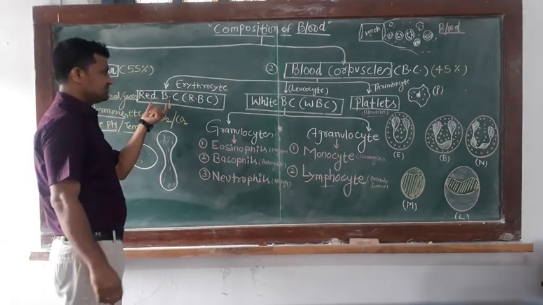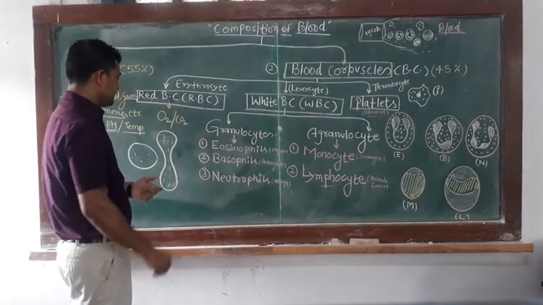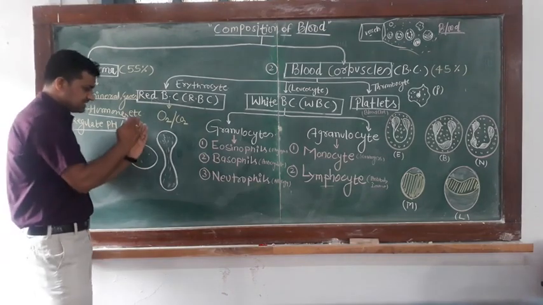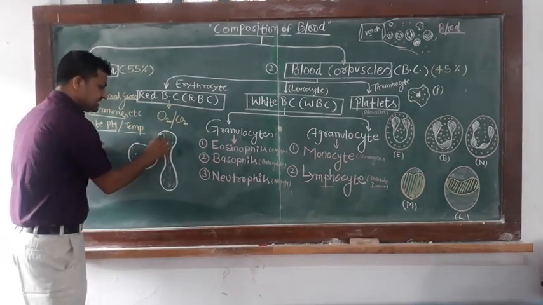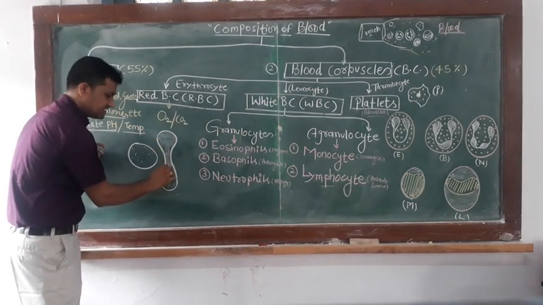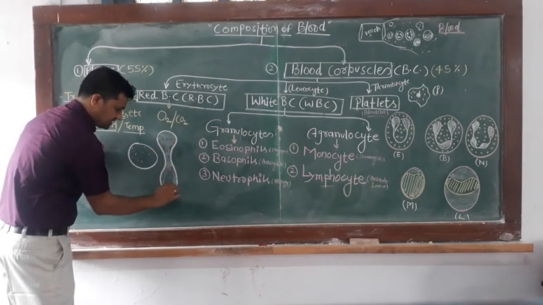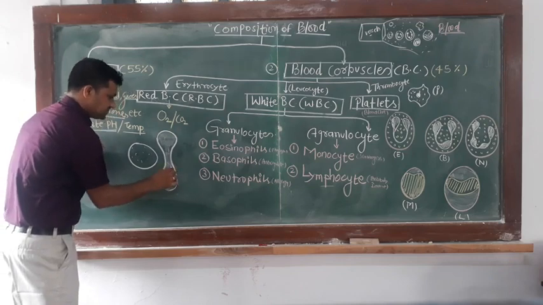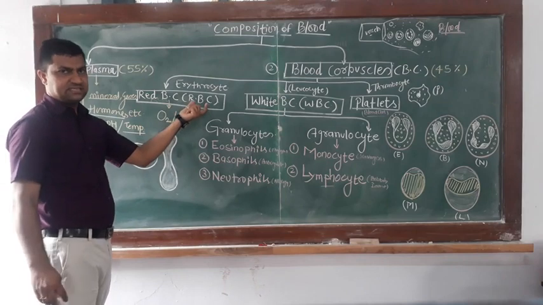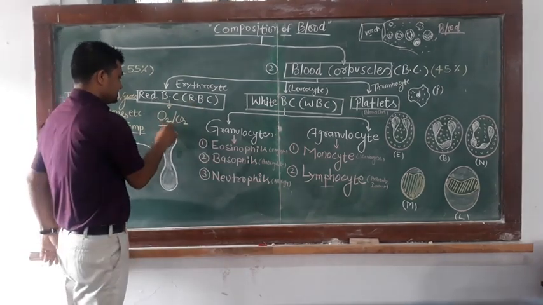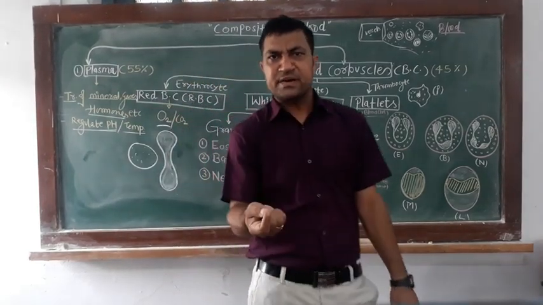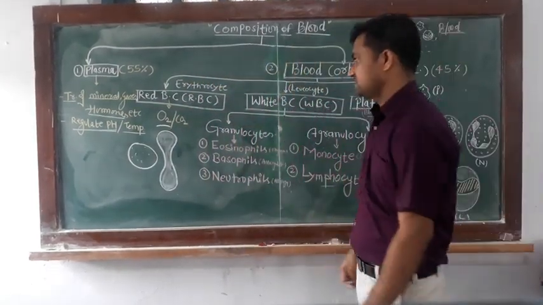First one, RBC. The structure of RBC is almost round in shape. In side view, the edges are broad and the middle part is thin, then again the edges are broad. The main function of RBC is to transport oxygen and some carbon dioxide also.